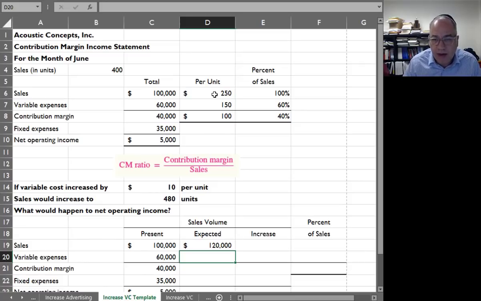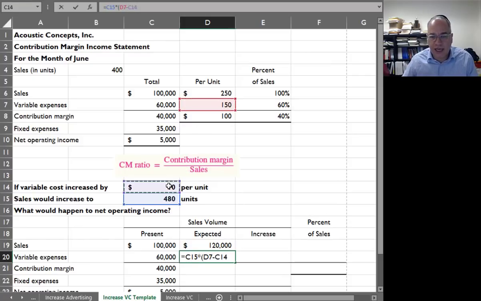But my variable cost is increasing. So what's going to happen here is going to be a little weird. My variable expense would be 480 units times the original $150 per unit variable cost minus the additional $10.